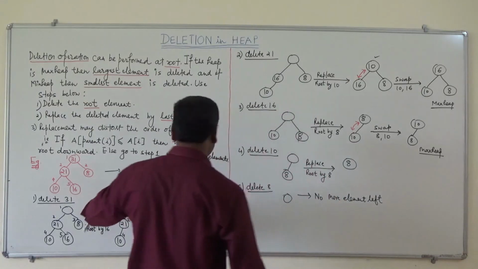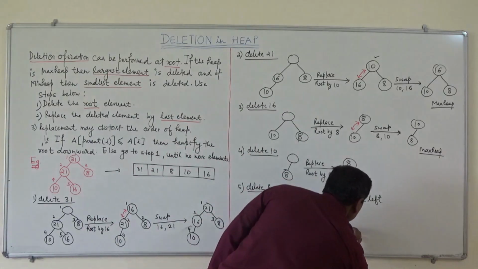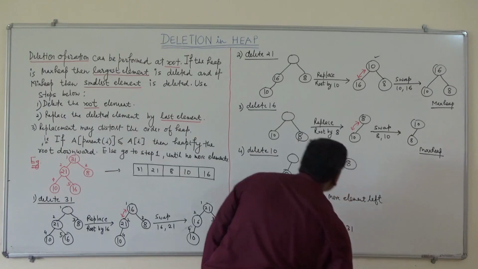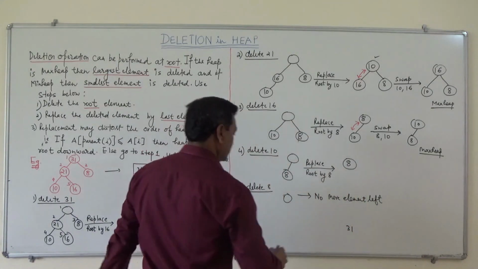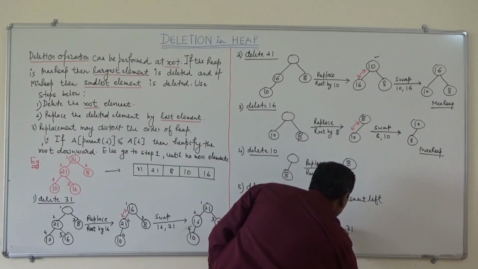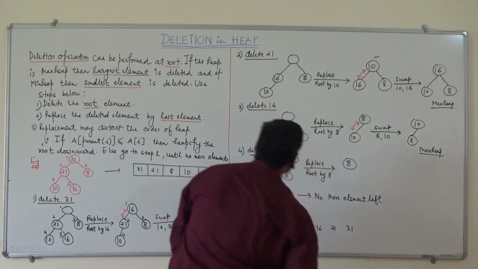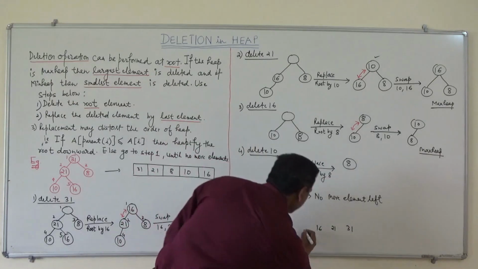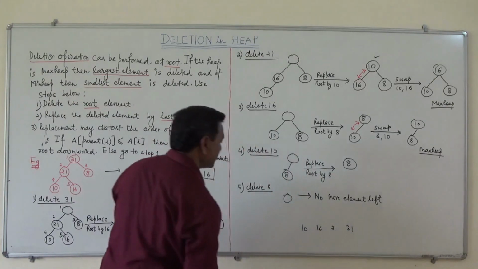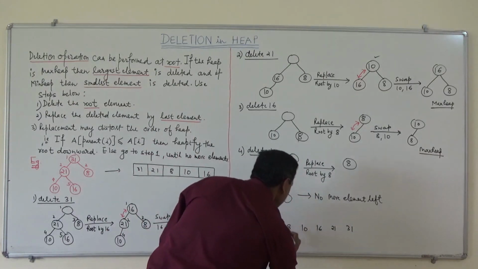First we deleted 31. So we can write 31. And then 21 we have deleted. 21. And then 16. Then 10. And then finally 8.